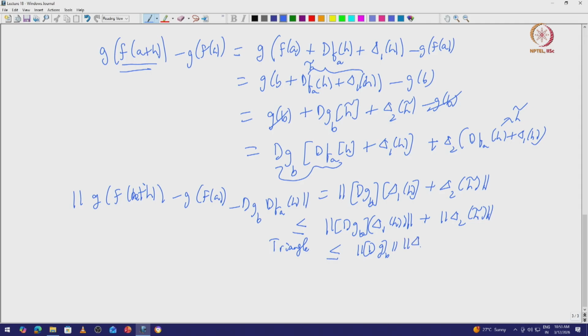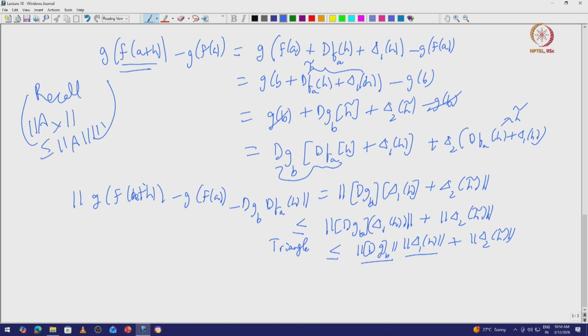We've already done this earlier, by the way, but I'm just recalling this little concept. If you multiply a matrix with a vector, then this is less than or equal to this particular thing. Just recall that if you take any matrix, multiply by a vector, it's less than this if you choose appropriate norms. Any matrix, now so let's say L2 norm, this is the Frobenius norm.